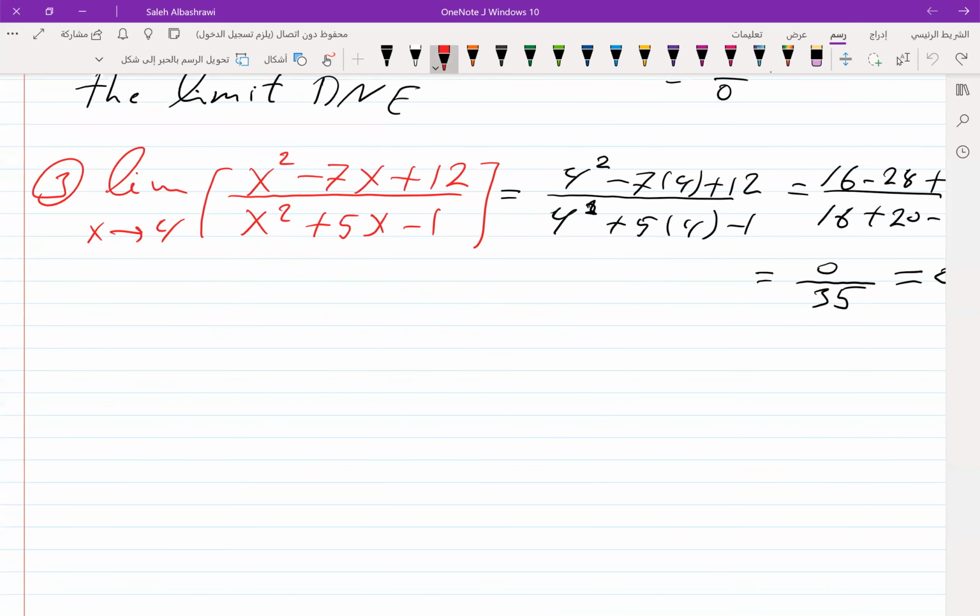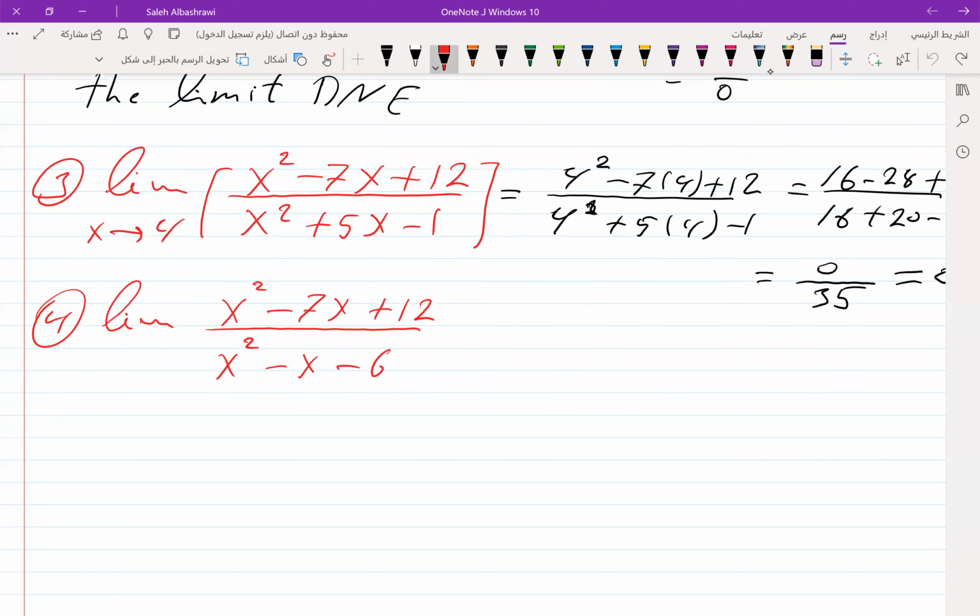For example number 4, let's find the limit of x squared minus 7x plus 12 divided by, let's say, x squared minus, that will be x minus 6, for x goes to 3.